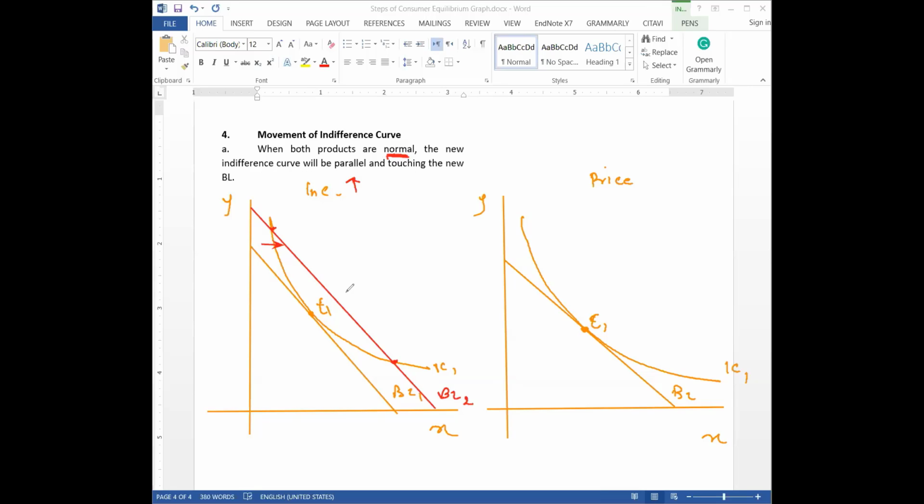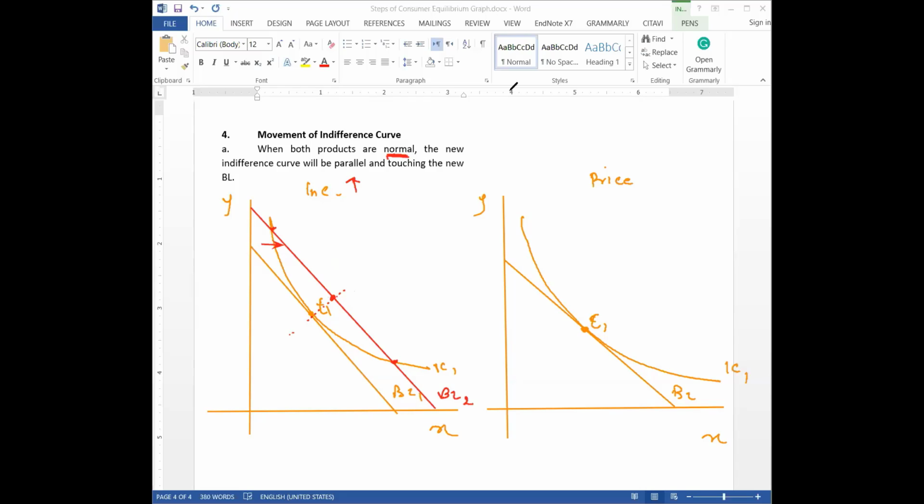So the higher indifference curve should be parallel to the old one. The best way to find the parallel point is I put a scale and draw rough dots at 45 degrees. Rather than making dots, I just make sure the next dot is somewhere here. So this will let me understand that the next E2 should be touching here.